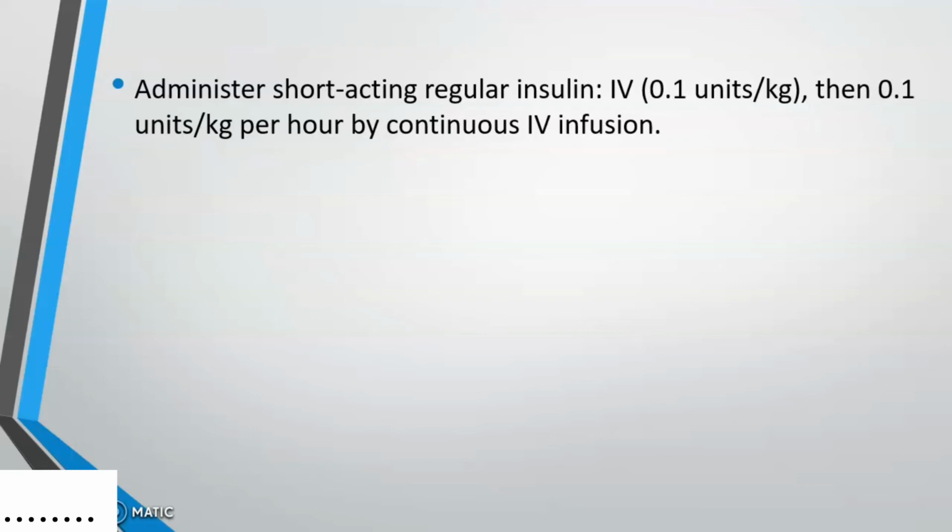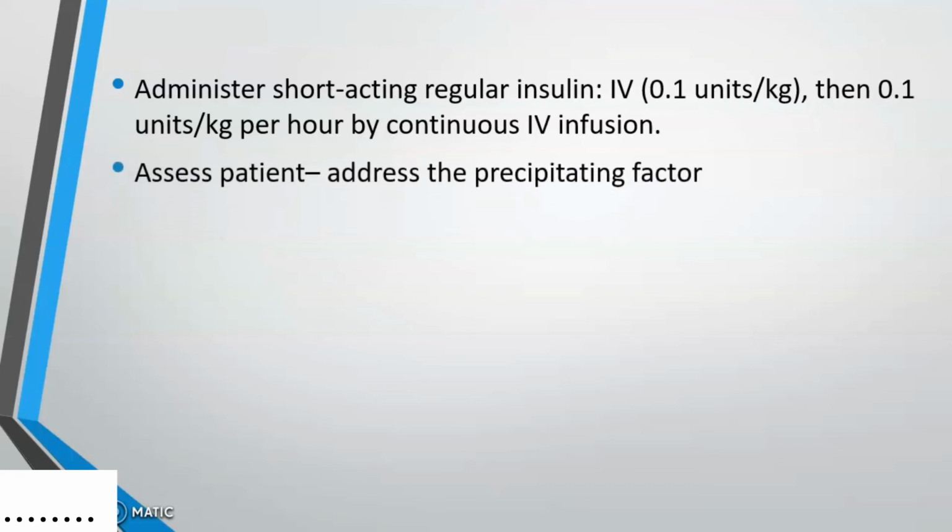Administer short-acting regular insulin intravenously at a dose of 0.1 units per kg, then 0.1 units per kg per hour by continuous intravenous infusion.